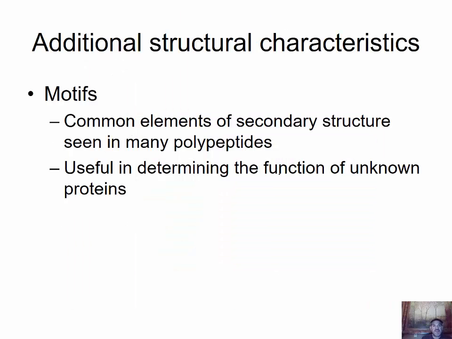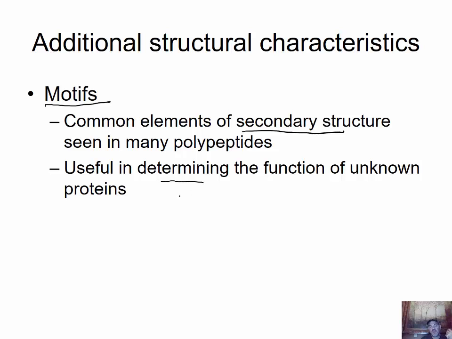There are some additional characteristics regarding proteins to be aware of. One concept, for example, is the idea of motifs. And here, there's going to be common features in the secondary structure that we see in polypeptides. So we'll get to that secondary structure for the pleated sheets or helical structures. It would be useful in helping us determine or predict the function of an unknown protein.